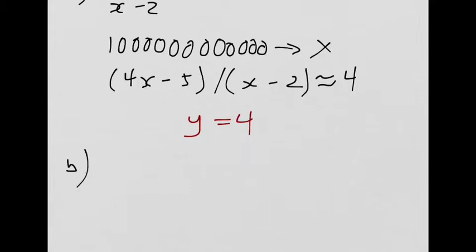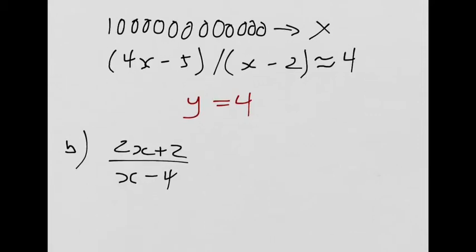Just try it again for another function here. 2x plus 2 over x minus 4. If you look at this function again, can you tell what the horizontal asymptote is? Just from the graph, or from the equation? It's a little tough, right? You know the vertical, it's 4. But the horizontal, again, put in a really giant number for x.